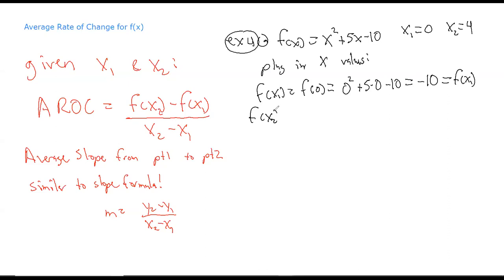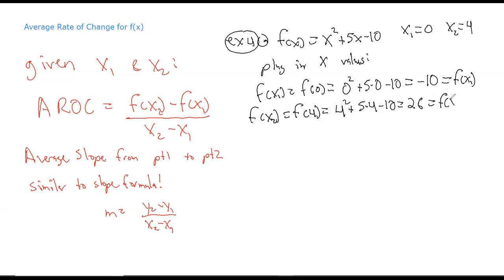F of x2, well, x2 is 4. So that's f of 4, which is 4 squared plus 5 times 4 minus 10. That's 16 plus 20, which would be 36. And then 36 minus 10 would be 26.